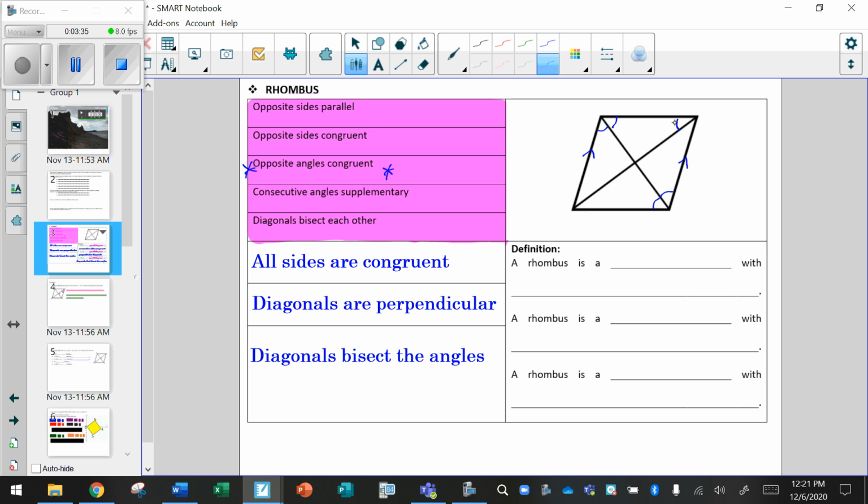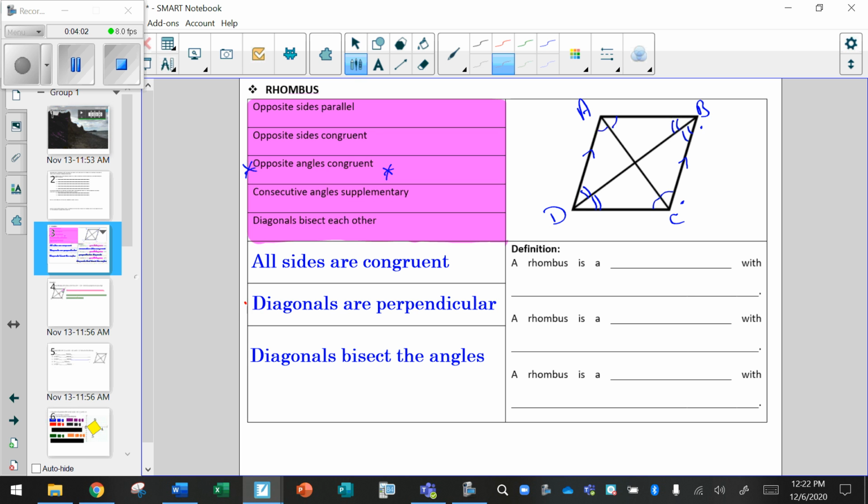And same thing is true for the other pairs of angles. Now, consecutive angles are still supplementary. Okay? So in rhombus ABCD, angle DAB, the whole angle in the corner, is supplementary to angle ABC, that whole angle.